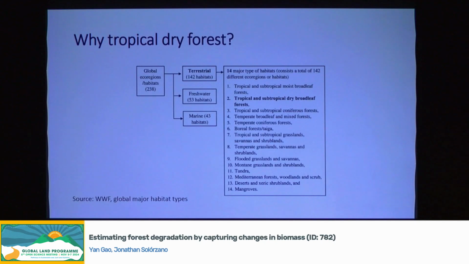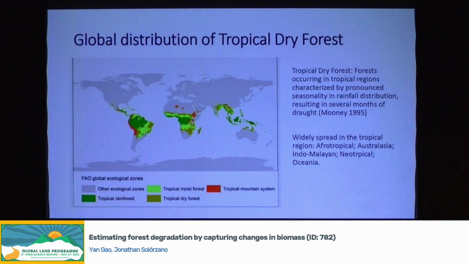So why tropical dry forest? It is one of the 14 main terrestrial ecosystems. It also provides a lot of important ecosystem services. Here is a map about global distribution of tropical dry forest. We can see that in Mexico, it is mainly distributed on the western border side of Mexico.